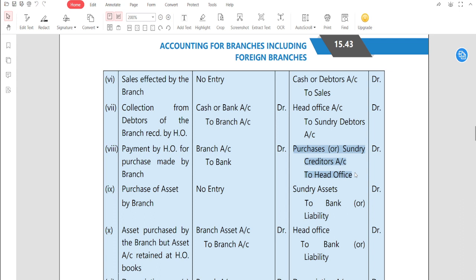And if the branch purchases from a creditor, then creditor should be debited to HO. This journal is also related to payment: when HO makes payment to a branch creditor, Sundry creditor is debited to HO. It's easy.